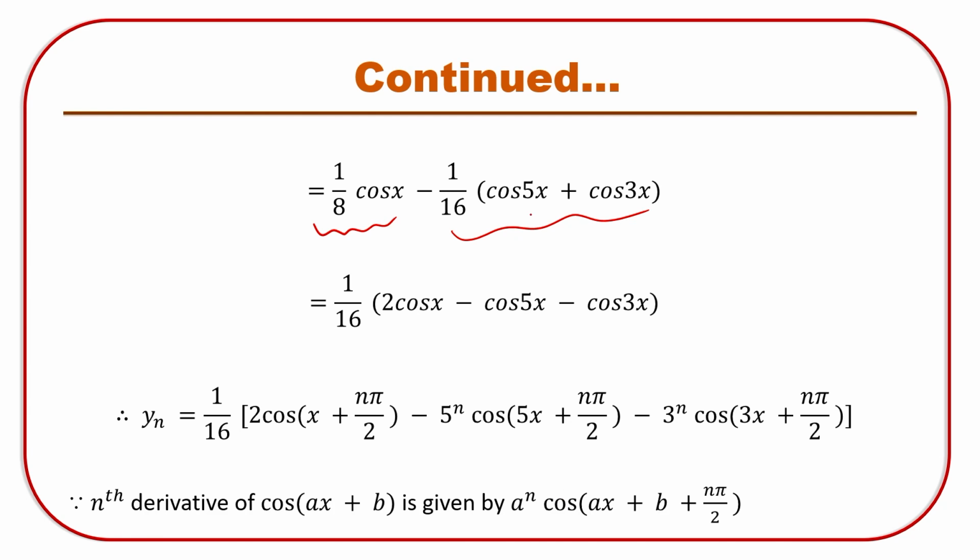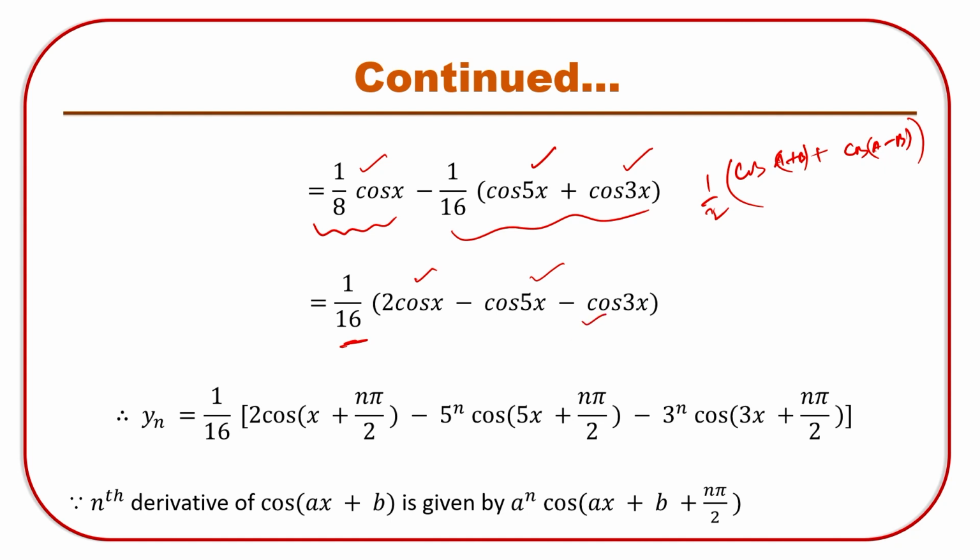So, this will become cos of a plus b plus cos of a minus b, and 1 by 2. So, that will become 1 by 16 into cos of 5x plus cos 3x. Taking 1 by 16 common, it will become 2 cos x minus cos 5x and minus cos 3x.